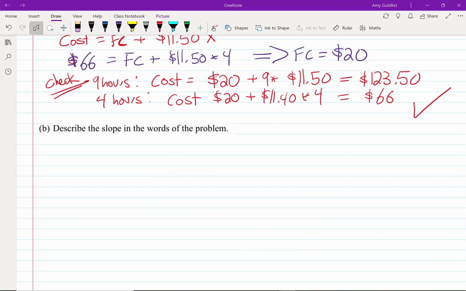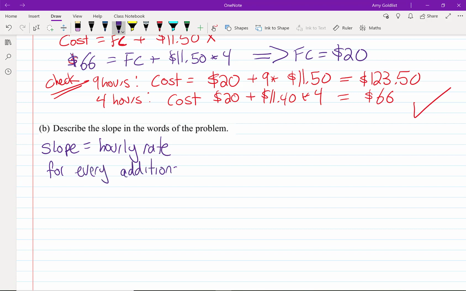Okay, let's describe the slope in the words of the problem. We know that the slope is the hourly rate. So I'm going to say slope equals hourly rate. So for every additional hour, we have to pay our sitter an extra $11.50.